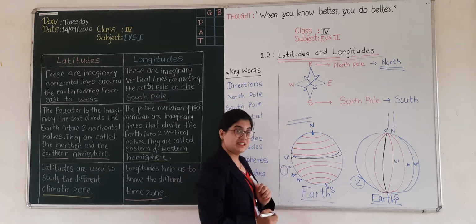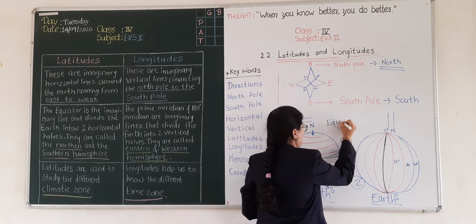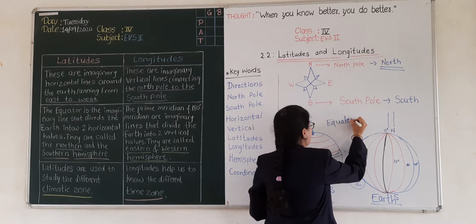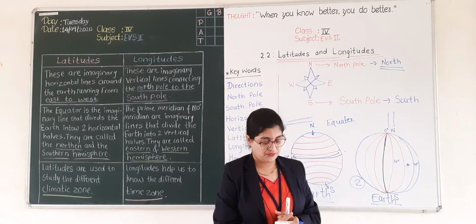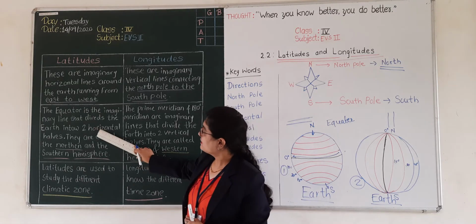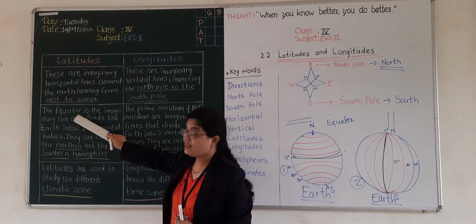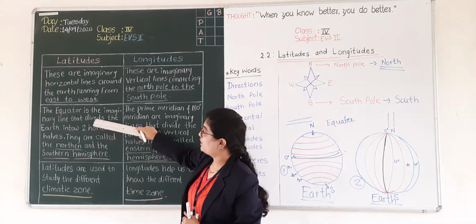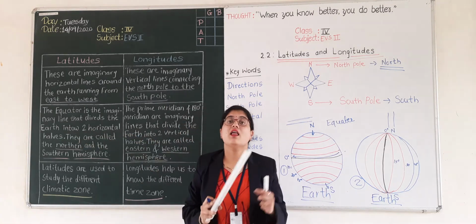What is the name of this line? Yes, it is the equator. Alright students, now see, this line is the equator. This is an imaginary line which divides Earth into two horizontal halves.